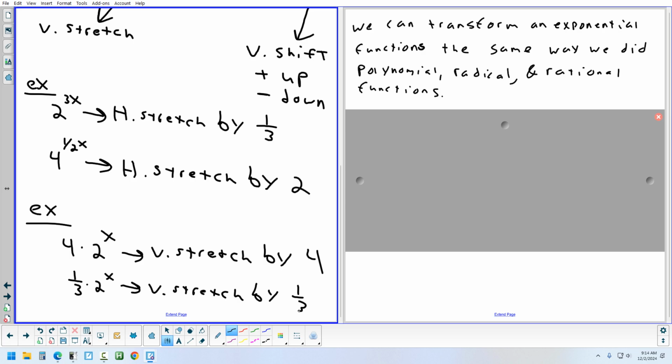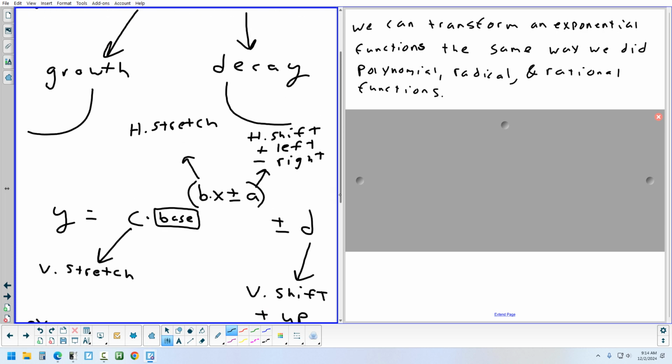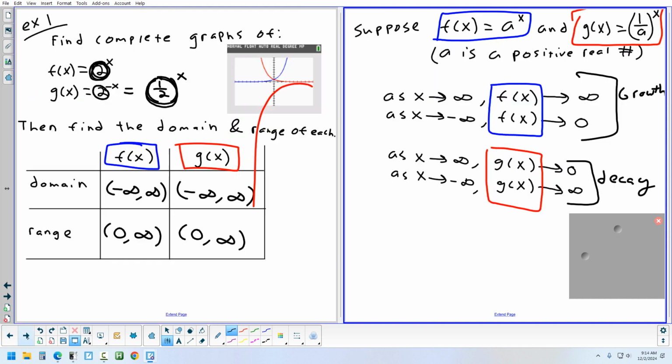So a couple examples if you need to look back at that. Okay, and the last thing that can happen is the B or the C could be a negative. And we actually already looked at what happens when the B was a negative. That was the graphs that we looked at. Yeah, that's actually the graphs right here.